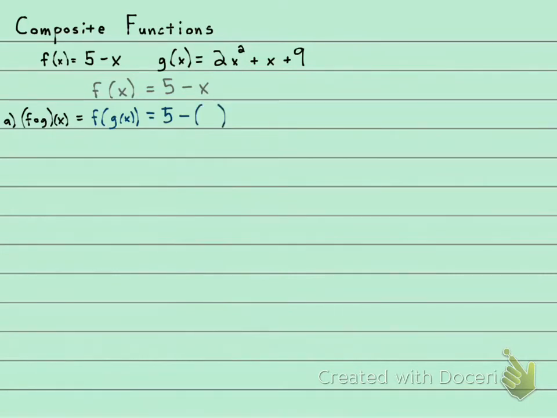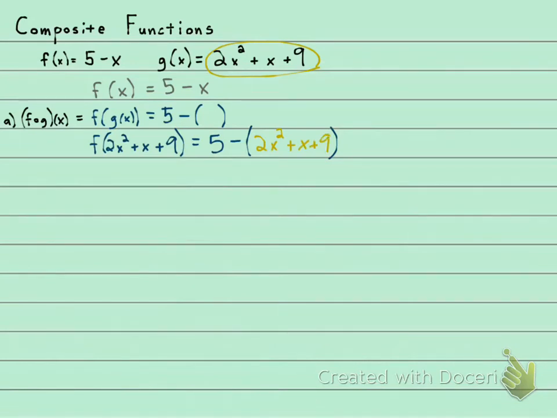Now the g of x is all of this right here, so that has to go in that blank. f of 2x squared plus x plus 9 equals 5 minus (2x squared plus x plus 9).